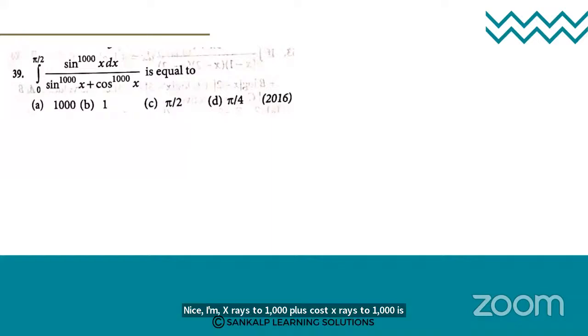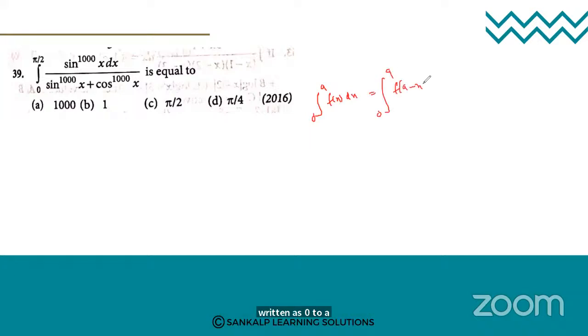When such types of questions occur, we make use of the property that the integral from 0 to a of f of x dx can be written as the integral from 0 to a of f of a minus x dx.